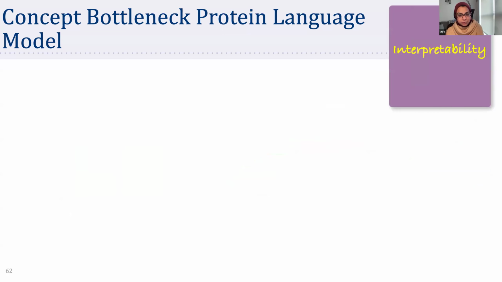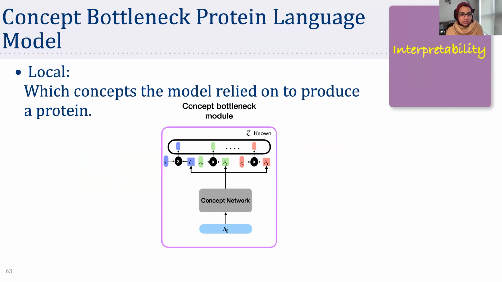Okay, in terms of interpretability, what does this offer? Well, it offers us local interpretability because for a particular sequence, we can look at the output of the concept bottleneck module and know exactly what the model relied on, what the values of the concepts are for a particular protein.